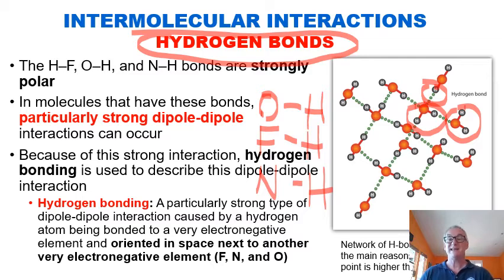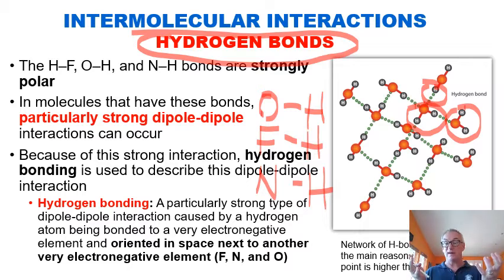We will see this interaction whenever we have oxygen, nitrogen, or fluorine bound to a hydrogen. If they're not bound to a hydrogen, we don't see this. So don't be fooled by thinking that any molecule that has an oxygen, a fluorine, or a nitrogen can hydrogen bond. No. If they don't have that hydrogen there that can increase its partial positive charge, then it's just a regular polar dipole-dipole interaction.